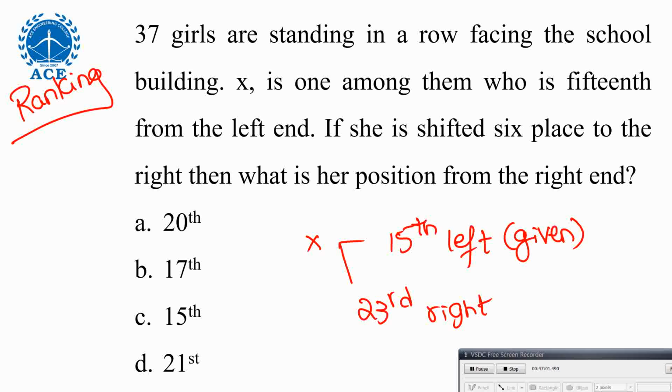I know the total here is 37. This is already given, 15. What should be the other? Adding those two minus 1 should be 37, which is nothing but 23rd. Or else, I'll simply give an example: A, B, C, D, E, F. Now let me know, D is which position from the left hand? This is the left hand. For you also this is the left hand.